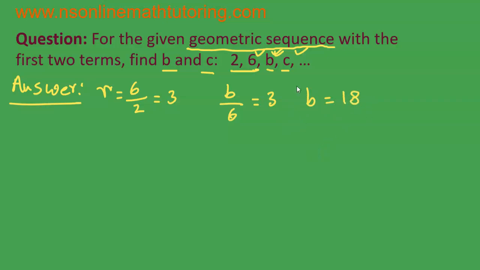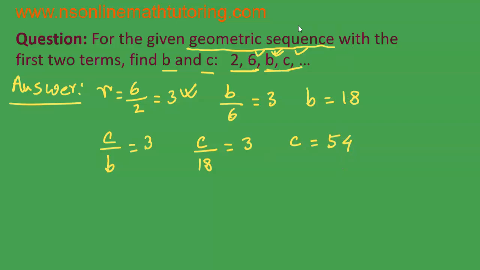Again, this 3, the common ratio, is the same ratio between the numbers B and C. Let me write C/B. This should be equal to 3, the common ratio. And now, in place of B, I can write 18. So, C/18 is equal to 3, or C is equal to 18 times 3, which is equal to 54.